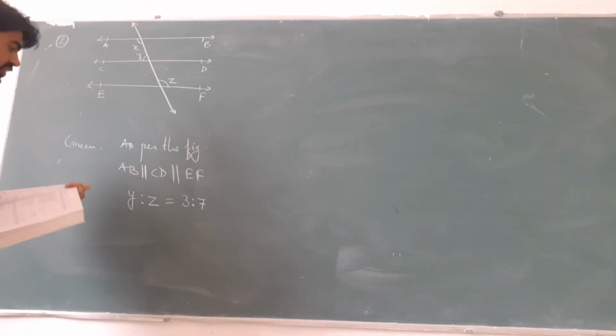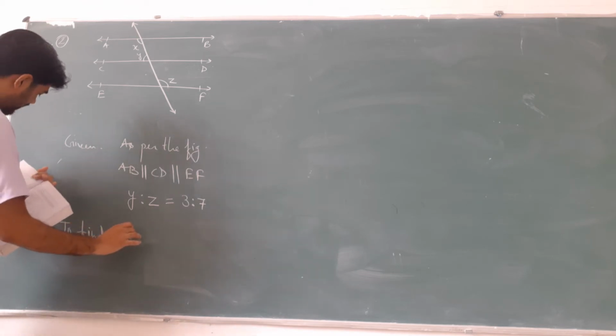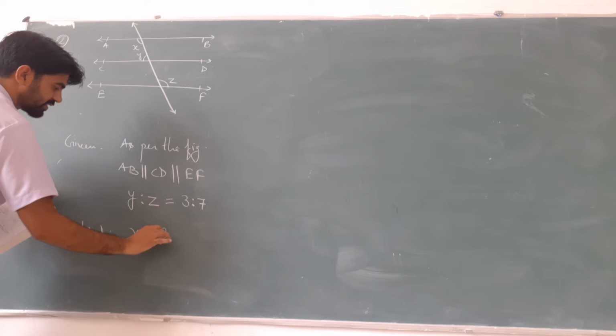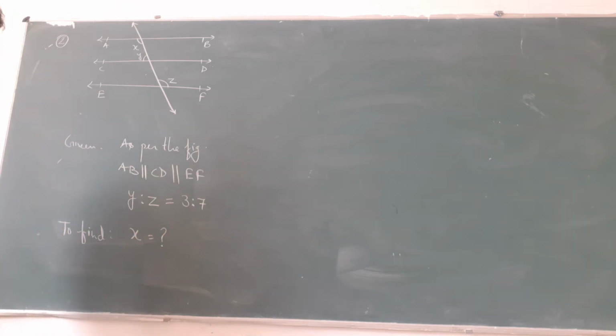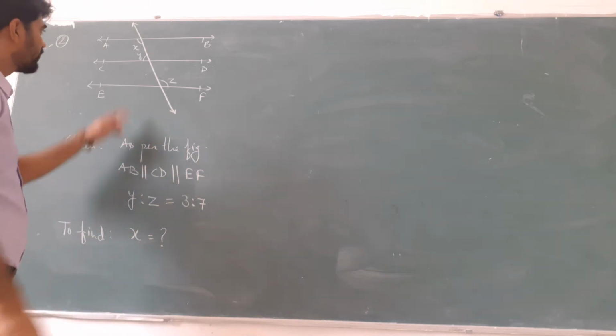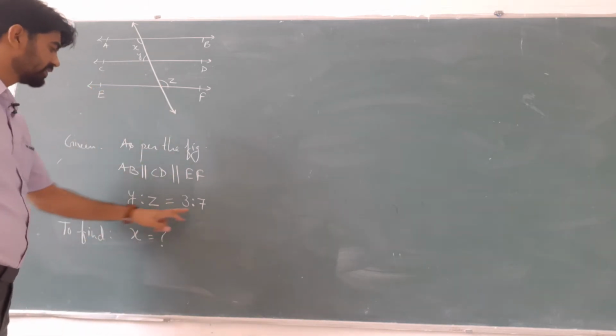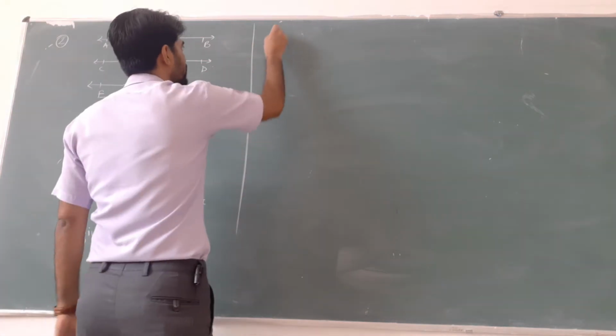This ratio is also given, and we have to find the value of X. Now see, all the lines are parallel and Y is to Z is given 3 is to 7. See the solution.